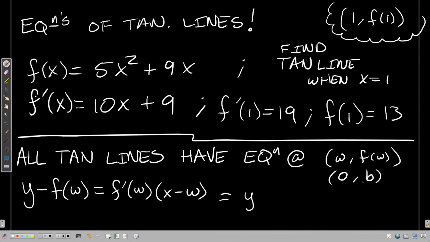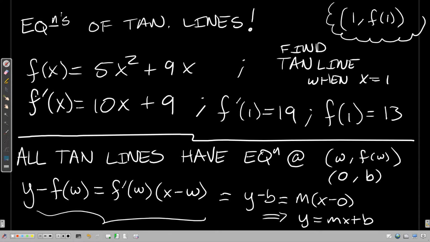Sorry, I've goofed this up here. It'd be y minus b is equal to, and then I'd have f prime of w. Well, gee whiz, that's the slope. And then it'd be times x minus 0. That is the same thing as y equals mx plus b.